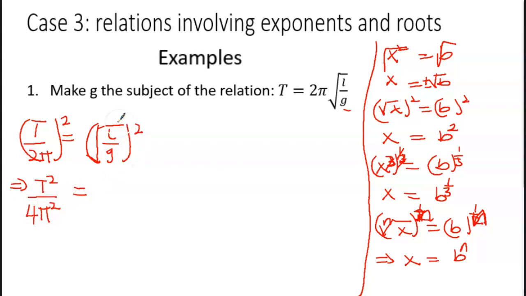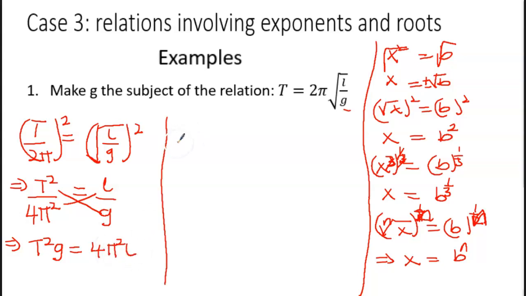This is equal to, and the square will take care of the square root, so the square root will disappear, L on g. We want to find g, so we can cross multiply. G will multiply t squared and the L will multiply 4 pi squared. So we are going to have g t squared is equal to 4 pi squared L.